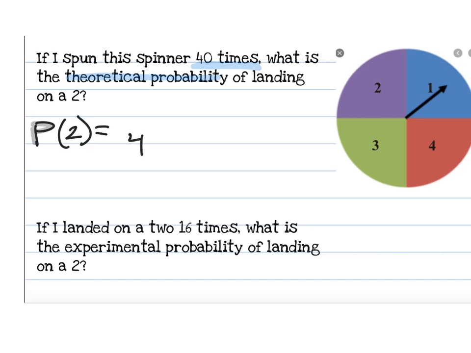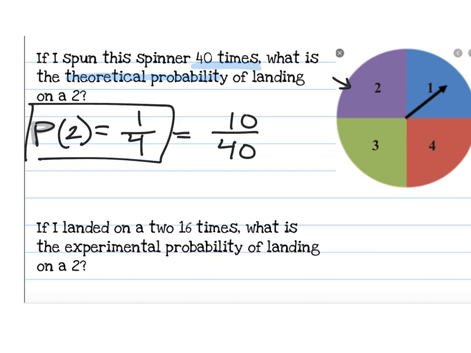There are 4 total outcomes. One of those sections is a 2. So theoretically, I should get a 2, 1 out of the 4 times. If we consider the number of times, theoretically, out of 40 then, that should be 10 because those are equivalent. So we should get a 2, 1/4 of the time, theoretically.